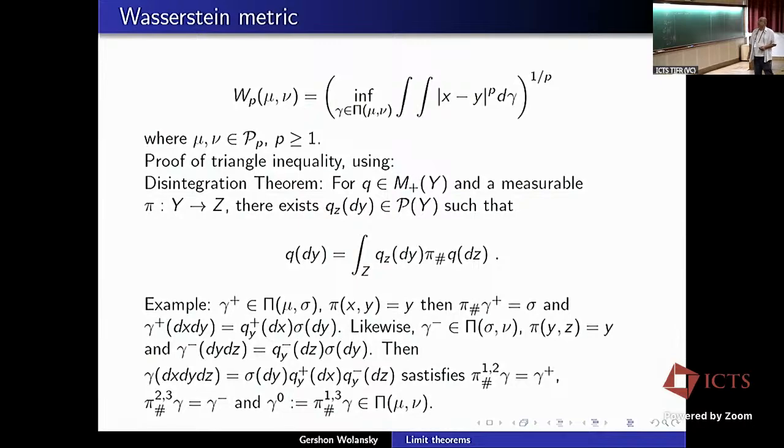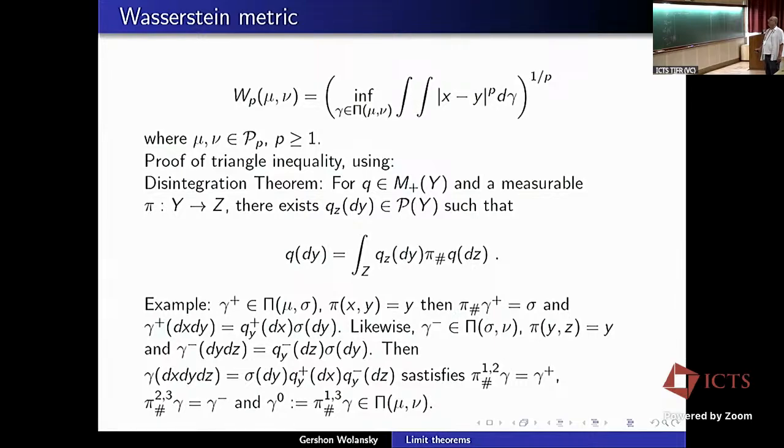Why is it a metric? We will prove that it really satisfies the triangle inequality, and the proof follows by using the disintegration theorem. So what does this disintegration theorem tell us? For any positive measure q on a space Y, and some measurable map pi pushing Y to a subspace Z, we can find a family of probability measures q_z, for each point z.